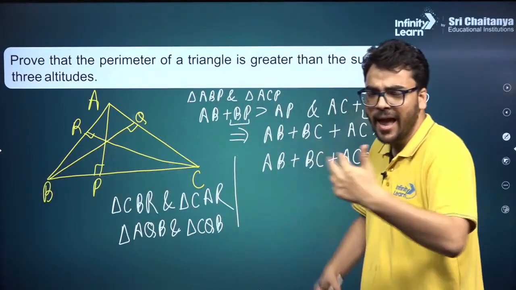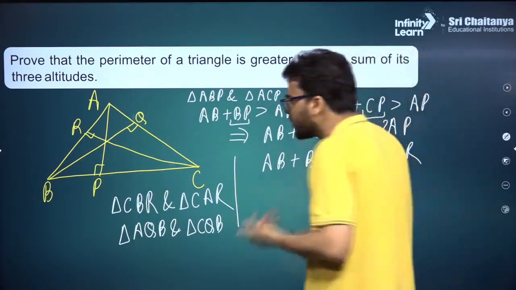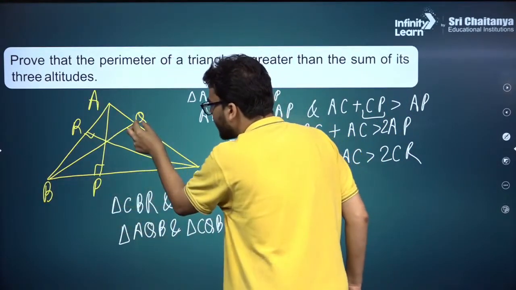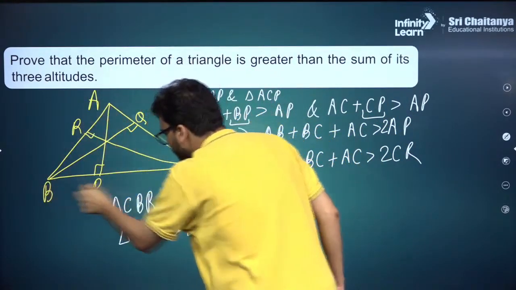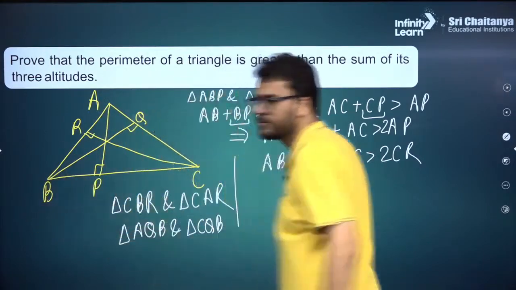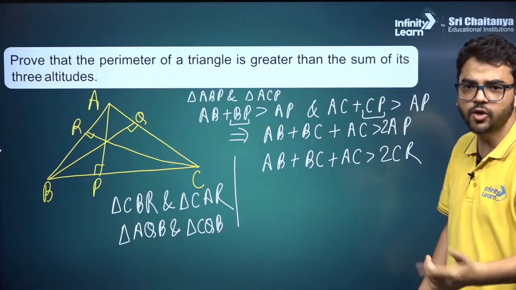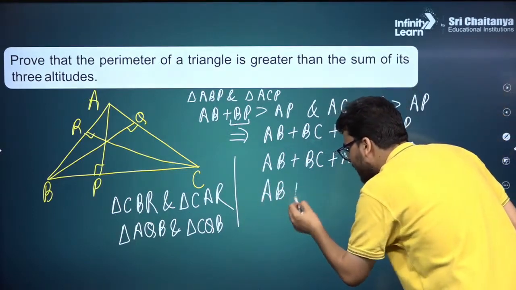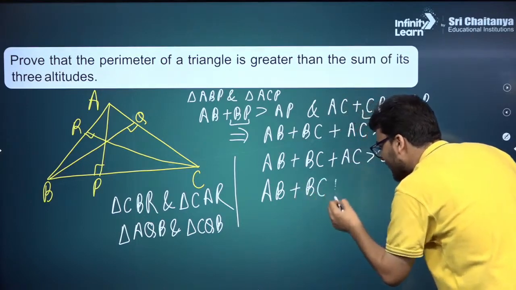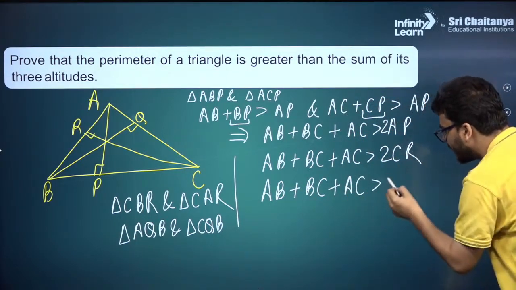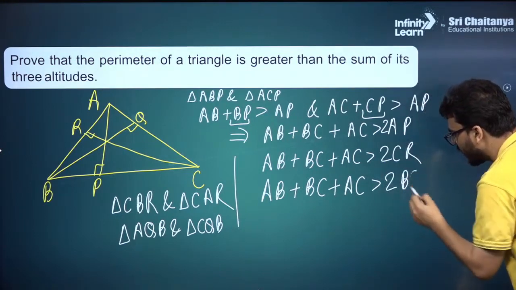Again the same thing, and if you add the inequalities, what will you get? You will get AB plus BC plus CQ plus AQ, that is the perimeter of this triangle, greater than 2BQ. So again you will get AB plus BC plus AC greater than 2 times the third altitude, BQ.